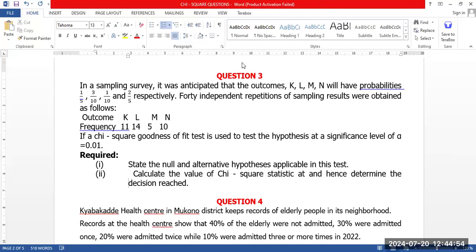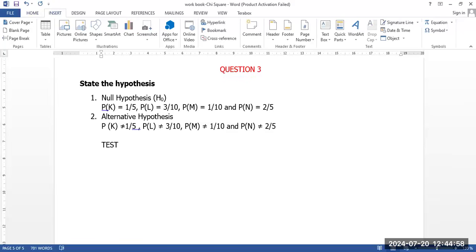For the value from the table, you will use the portion given in the question, which is 0.01.